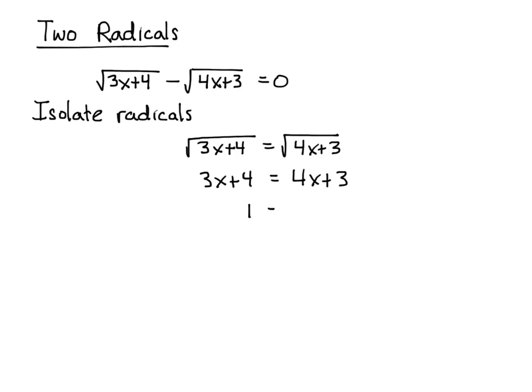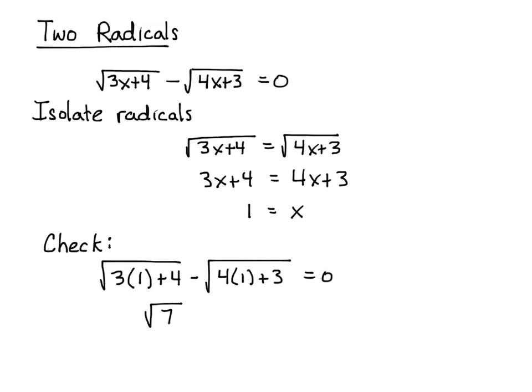And so in this case, if we subtract 3x from both sides and subtract 3 from both sides, we get x equals 1. And then of course we check by putting it in our original equation, and we get 0. Okay, that's pretty straightforward.